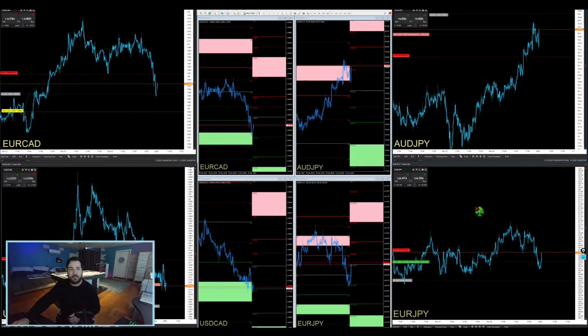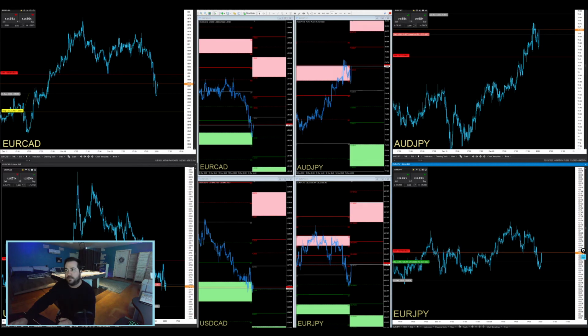All right, so I am getting the alert for the euro yen here, and I'm going to go ahead and keep that alert and raise it up just a little bit higher because we need to breach the central pivot.